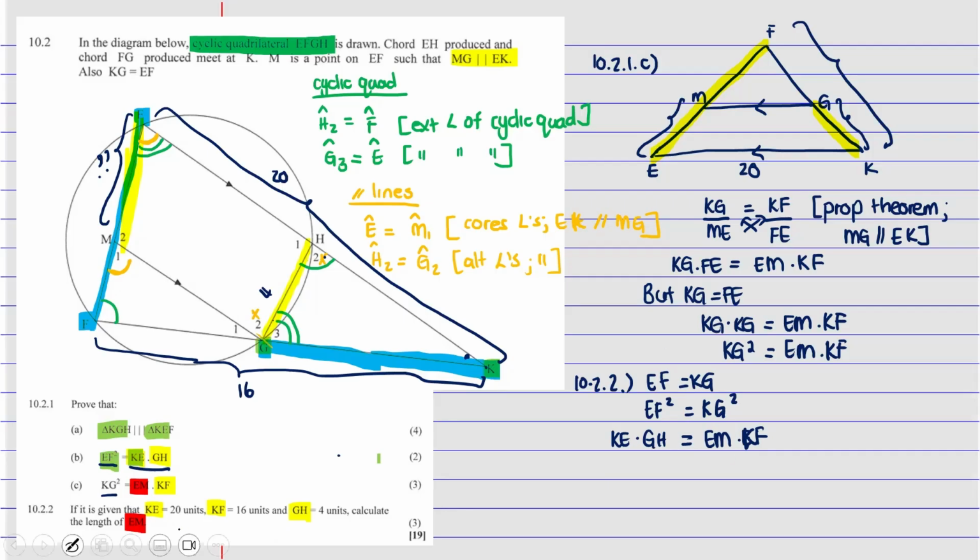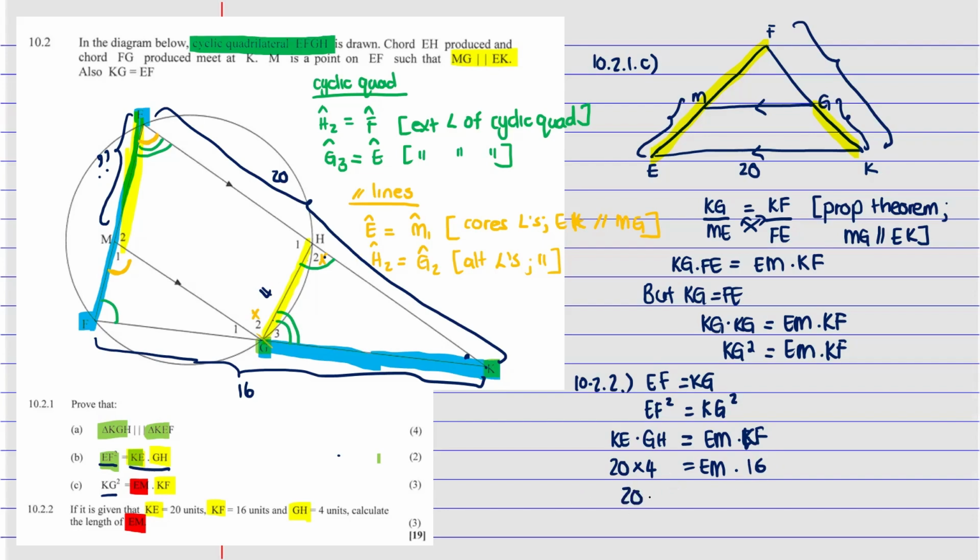Yes, ma'am. Now we can substitute all the variables. What we want is the unknown. So KE is 20 multiplied by GF, which is 4, equals EM, which is what we want, multiplied by KF, which is 16. Now we take the 16 to the other side.